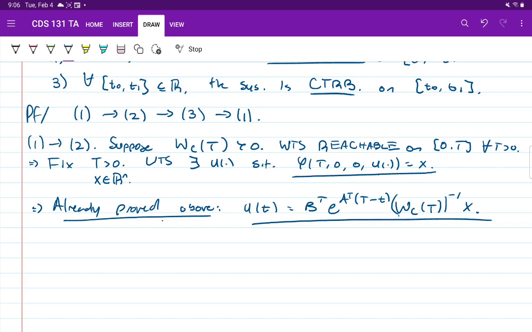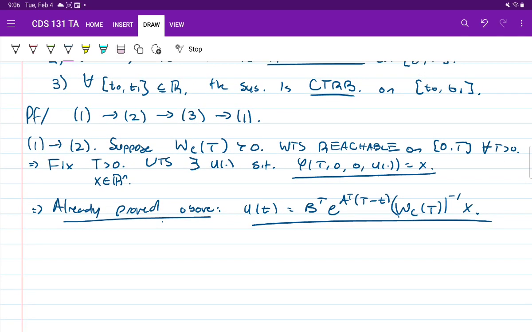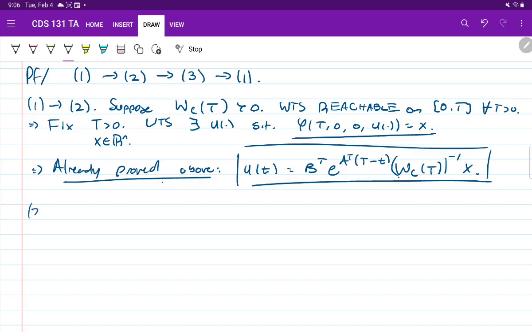So we already proved this result above. We showed that this input gets the job done. Great.